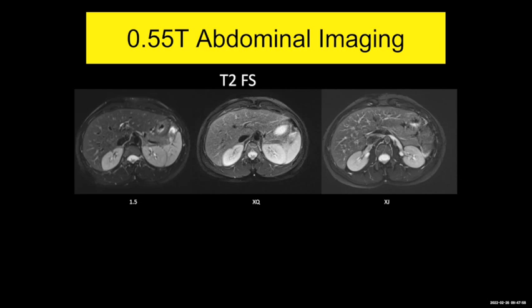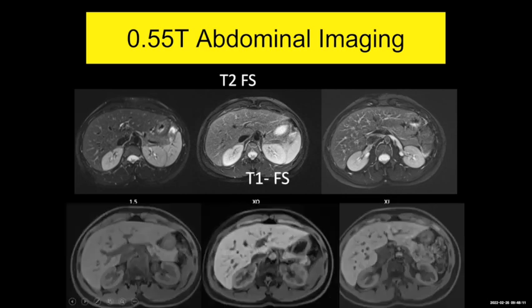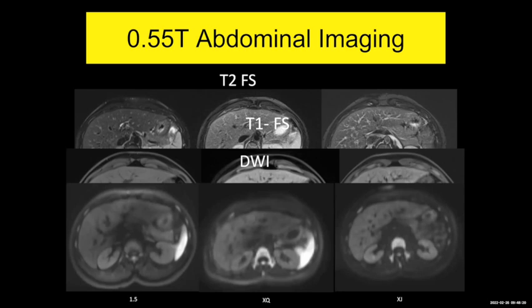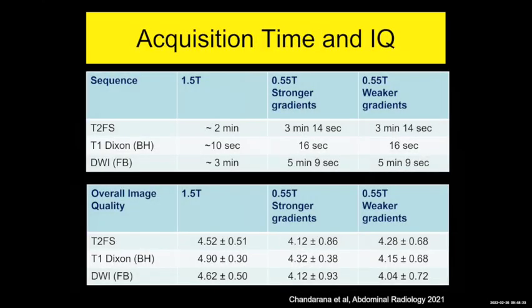We're showing images here of T2-weighted imaging performed on a 1.5 Tesla system and at a lower field system with two different gradient configurations, the high performance gradients and the lower performance gradients. And we did that for T2-weighted imaging, T1 Dixon imaging, so you have T1 fat-set or water images, and our diffusion-weighted imaging. Basically, as you can see here, we tried to have our acquisition time be about twofold longer than our 1.5 Tesla acquisition time.